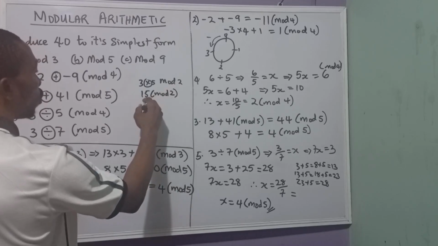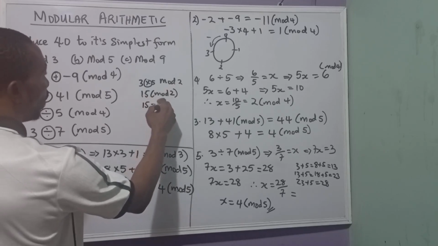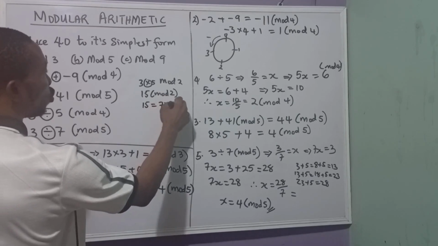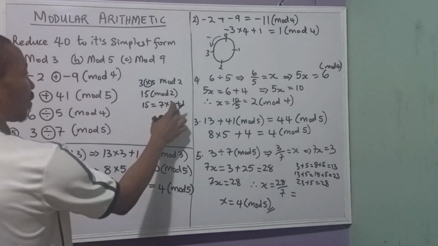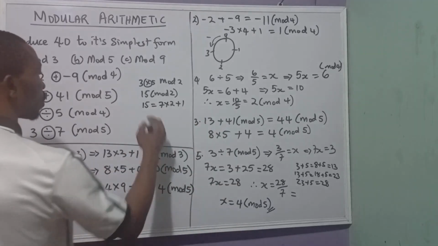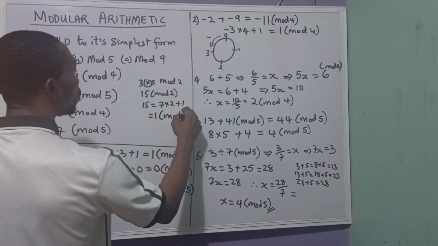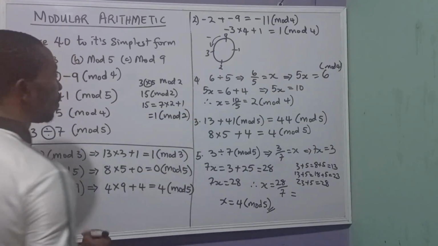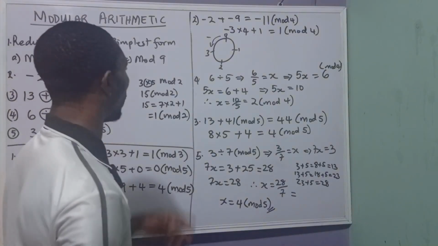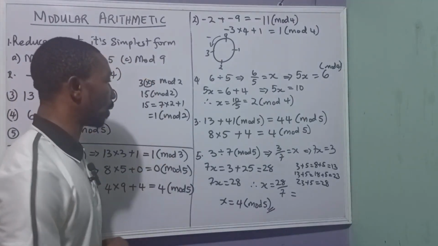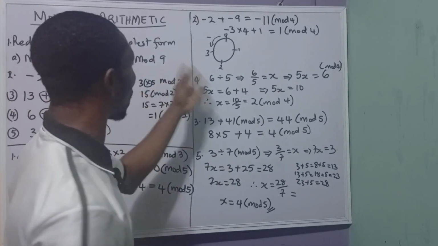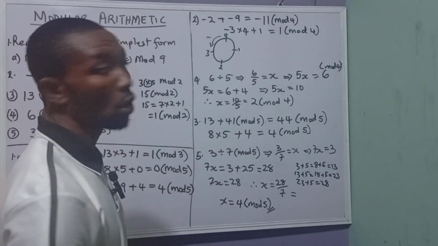So 15 mod 2 will be 7 times 2 plus 1. 7 times 2 is 14, plus 1 is 15. So this gives us 1 mod 2. So let's be aware of how to use our numbers both for division, multiplication, addition, and subtraction.